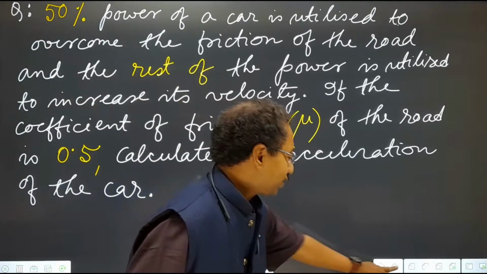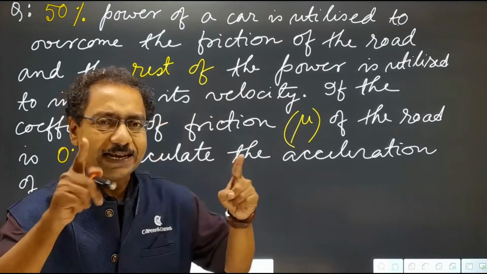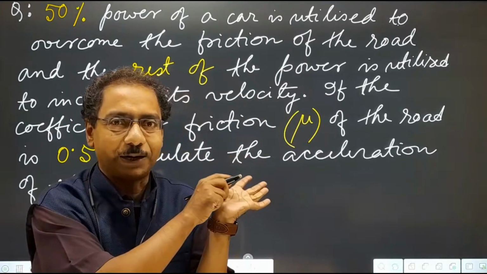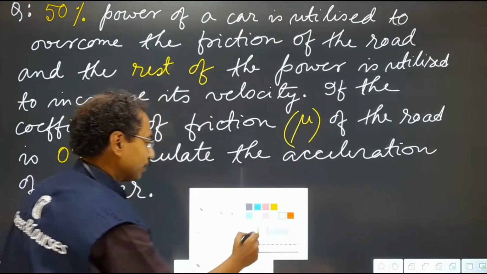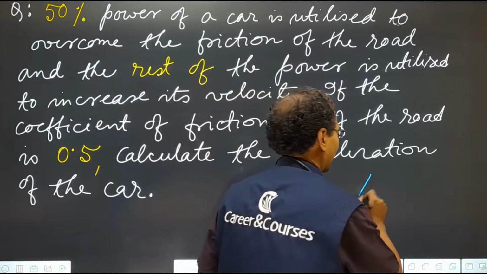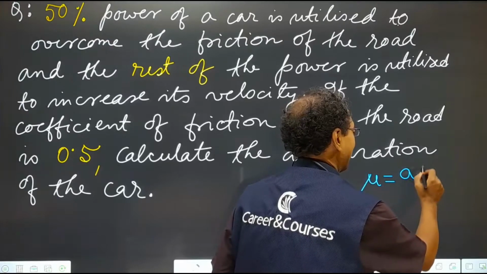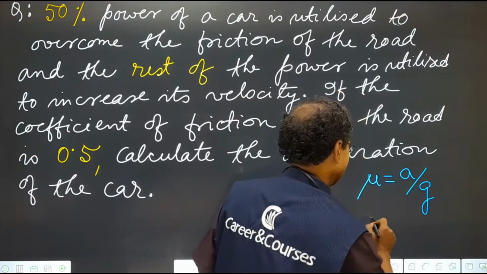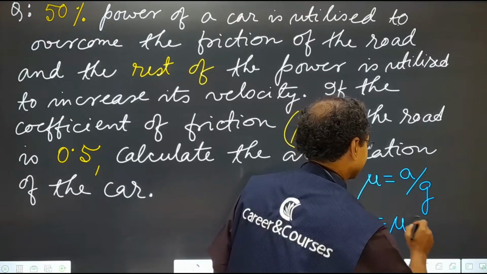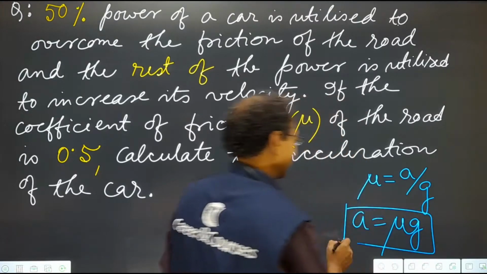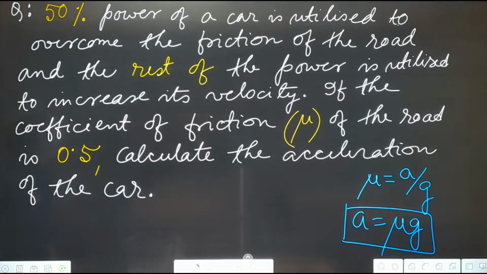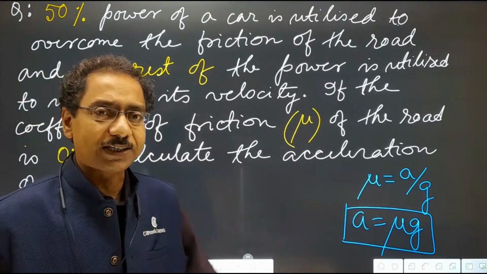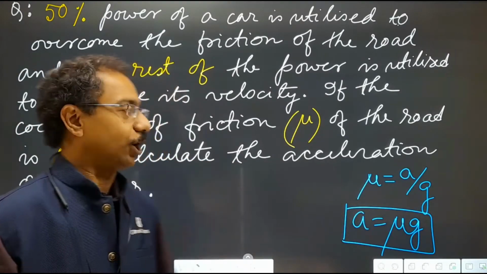Remember, if you apply the shortcut, it will not take more than a second to find the answer. What is the shortcut we have understood? Mu equal to a by g for a linear motion. Mu equal to a by g, that means a equal to mu g. This is the shortcut trick. First let us do it using the shortcut, then we will do it by the method.